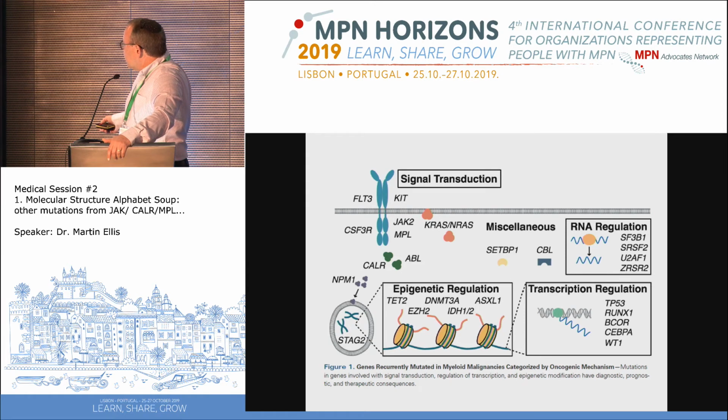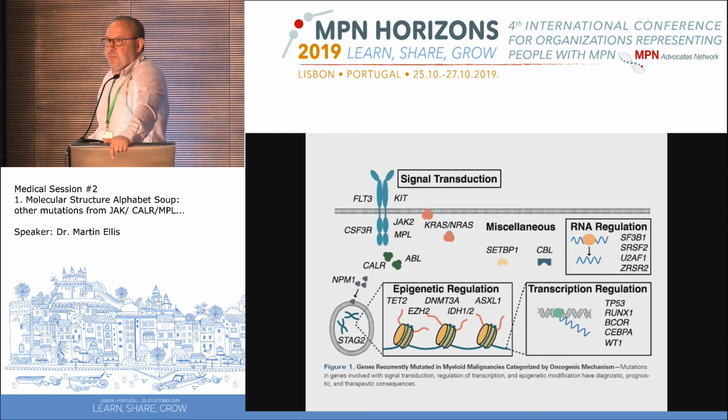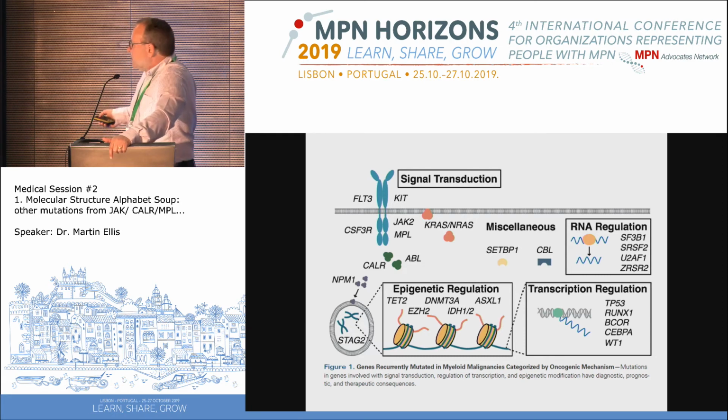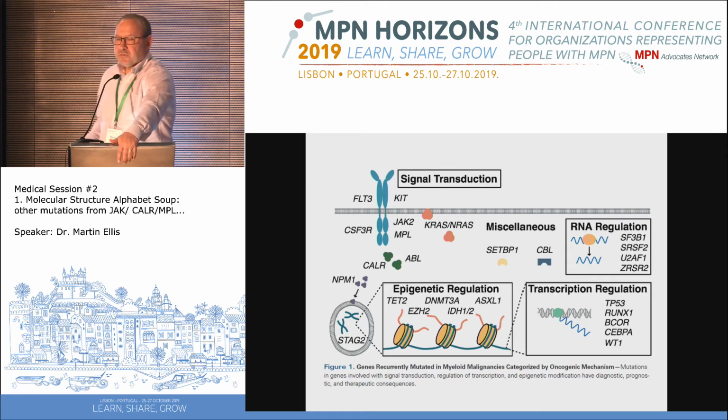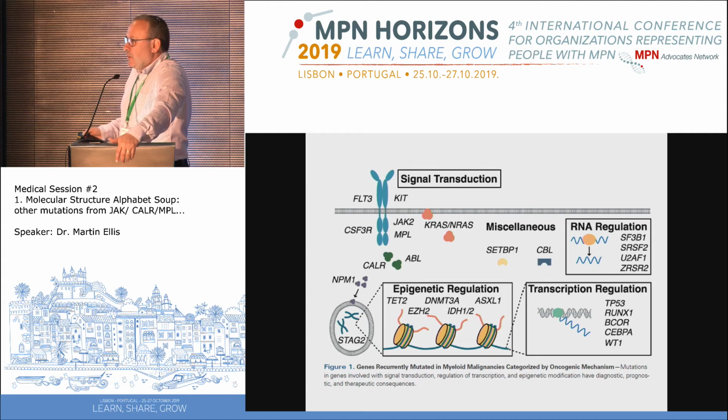And these will be a collection of genes that are important in the regulation of RNA development and function, and mutations in these genes may cause abnormalities in the RNA part of the story, which ultimately will cause cells to become more malignant, less regulated, and allow disease to progress or transform, as we mentioned yesterday, from a more chronic phase disease to a more acute phase disease.